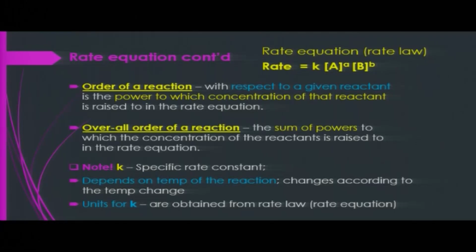Let's understand those two terms as we come close to the end. Order of a reaction: just the power to which the concentration of the reactant is raised. Overall, just sum them. So you may wonder, what exactly is the order of a reaction? What does it imply?